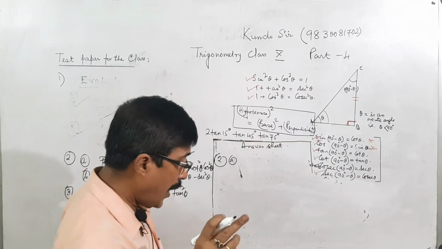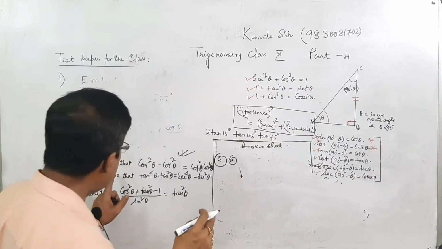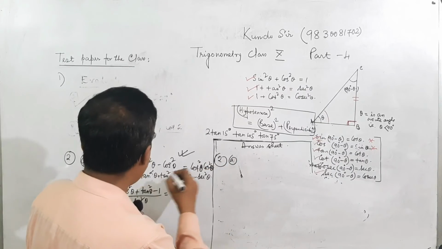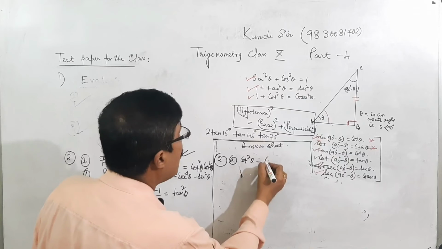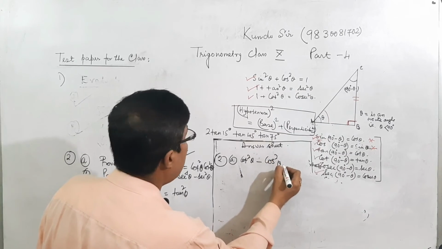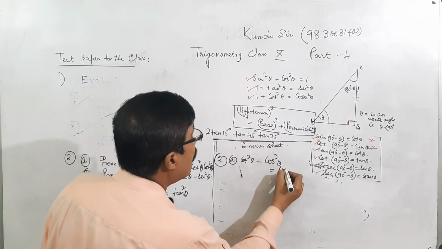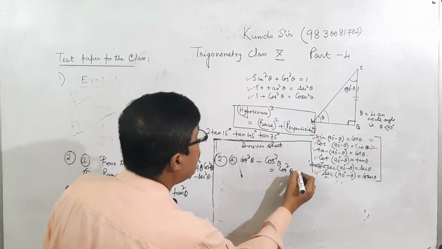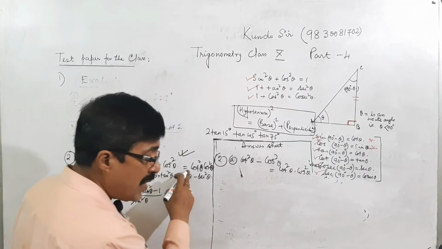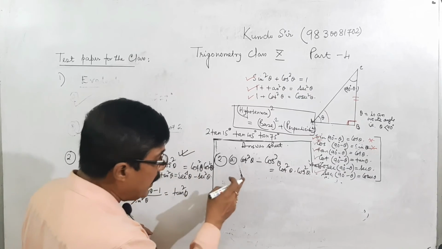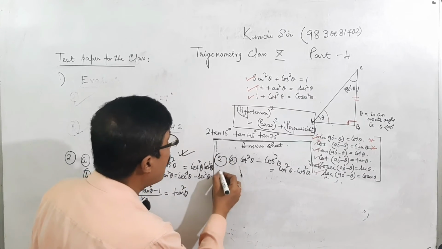Problem number 2A. In the 2A problem it is given, prove that cot square theta minus cos square theta equal to cot square theta into cos square theta. It is the problem. Now I take the right hand side.